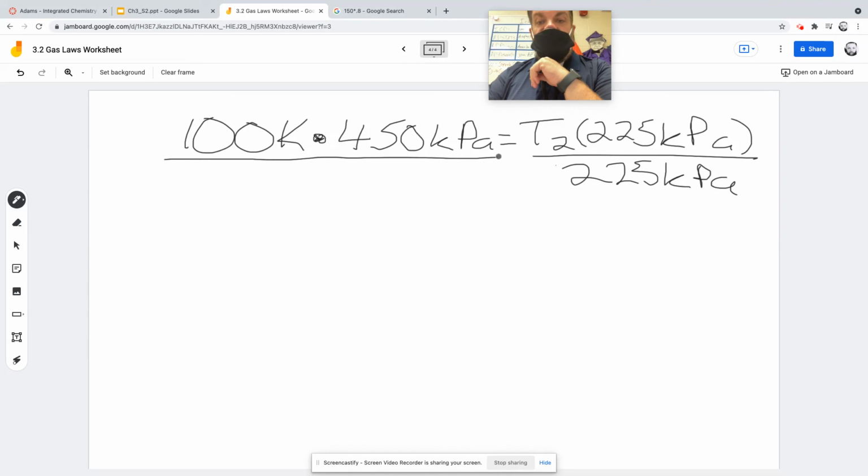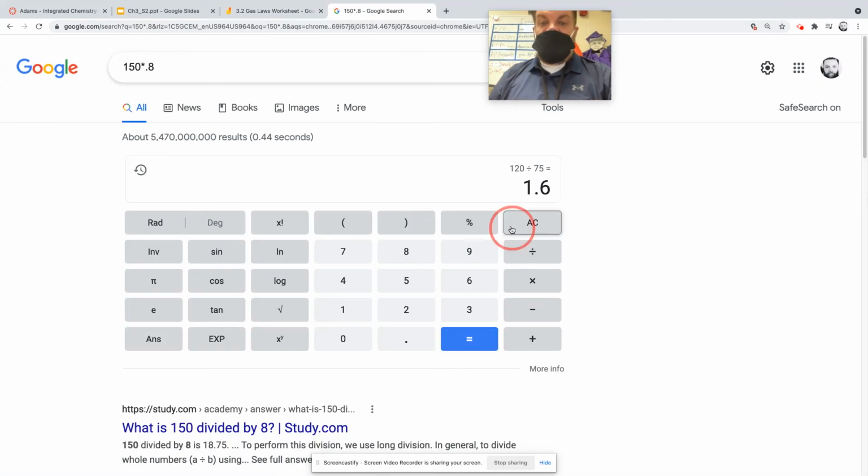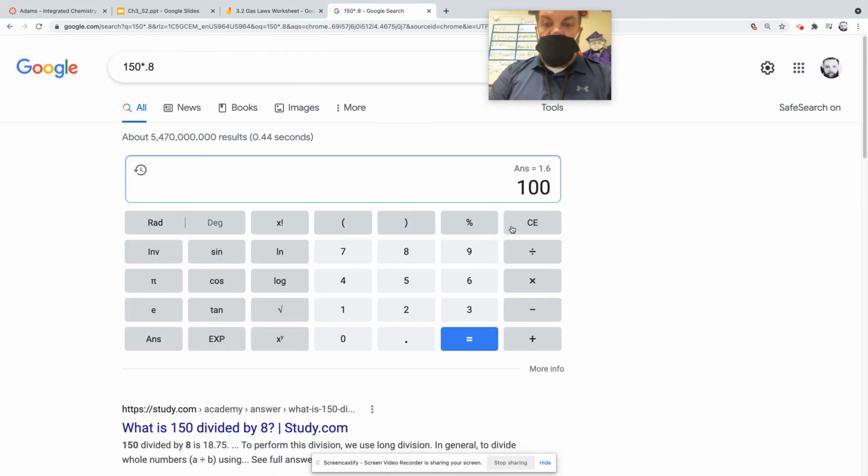Whatever I do on one side, I got to do on the other. What happens with my kilopascal? This unit here should cancel with this unit. So then I just got to do the math. 100 times 450 divided by 225.